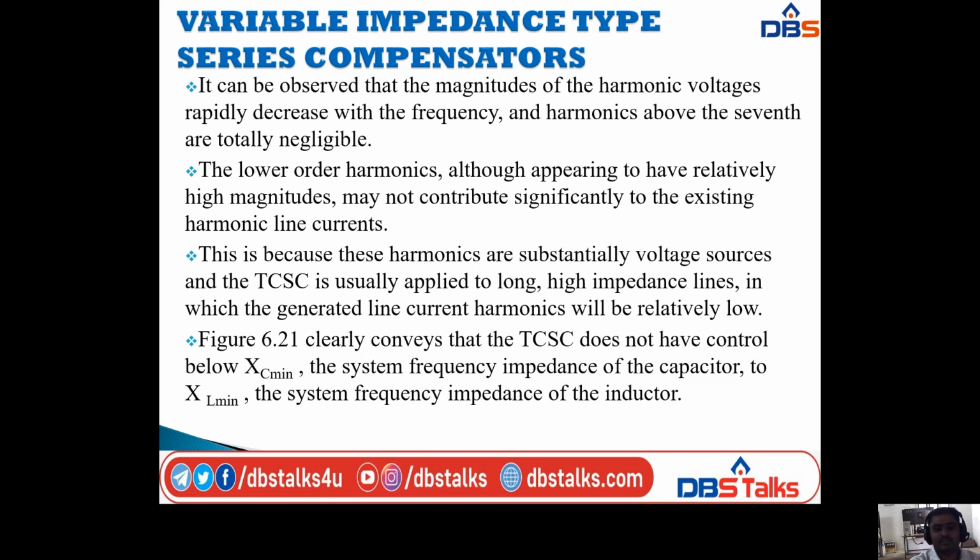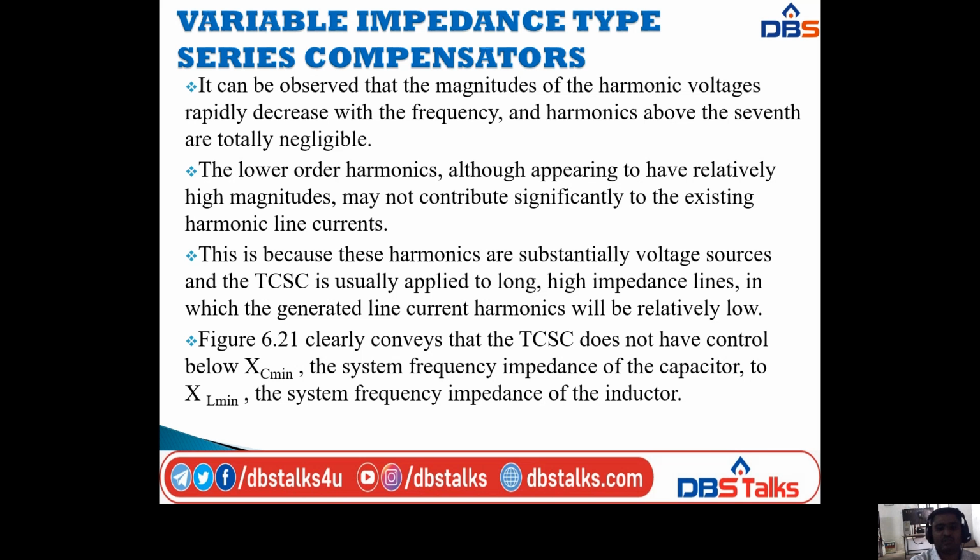The lower order harmonics, although appearing to have relatively higher magnitudes, may not contribute significantly to the resulting harmonic line currents. This is because these harmonics are substantially voltage sources, and the TCSC is usually applied to long, high impedance lines in which the generated line current harmonics will be relatively low.